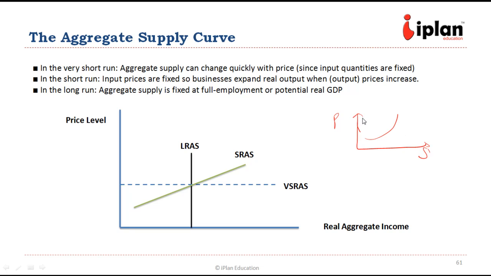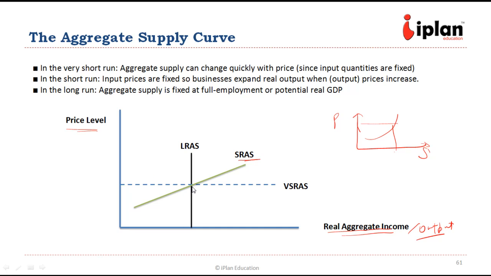More and more companies will join, and supply will be higher at a higher price. Similarly, at aggregate level, for a higher price level, the real aggregate output by the companies is going to be high. So in the short run, we have an upward sloping curve, a direct relationship with the price. At a higher price, the supply will be more.